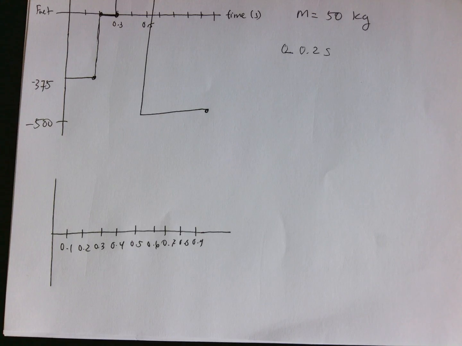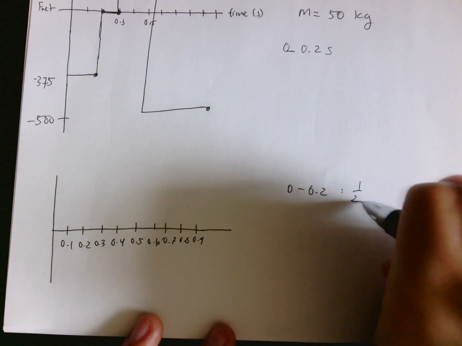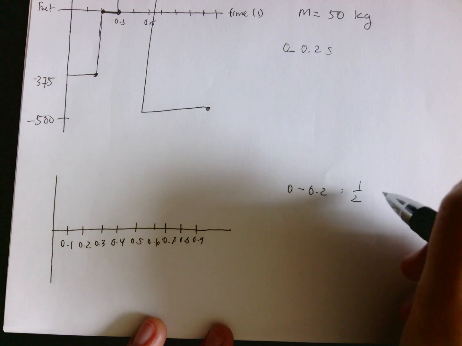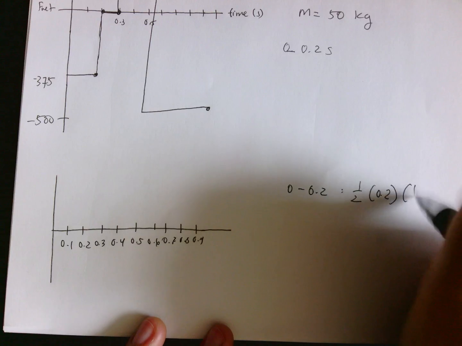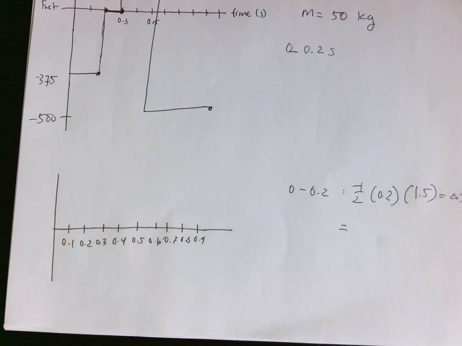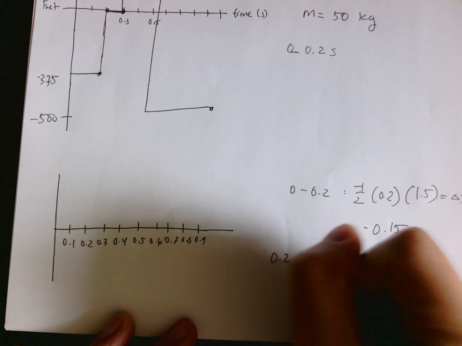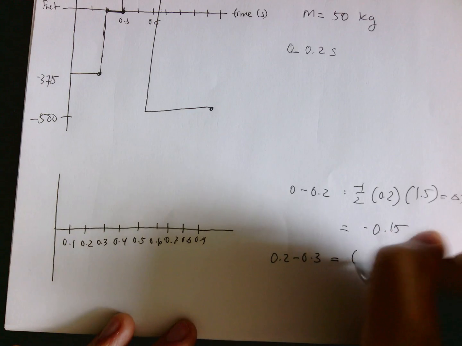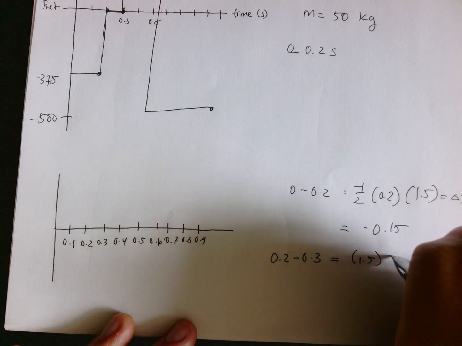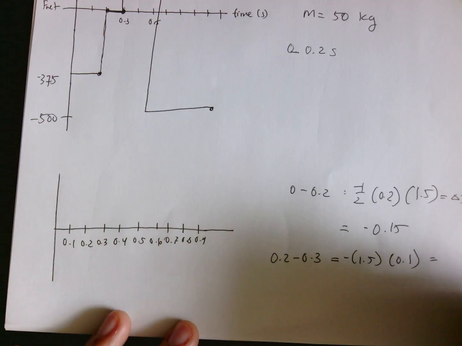So we look at from 0 to 0.2 seconds, we can see that the triangle area is going to be 1/2 times 0.2 times 1.5. And this is going to be a negative, equals delta x, which is going to equal negative 0.15. And then from 0.2 to 0.3, it's going to equal 1.5 times 0.1, which is equal to delta x, which is negative 0.15 again.